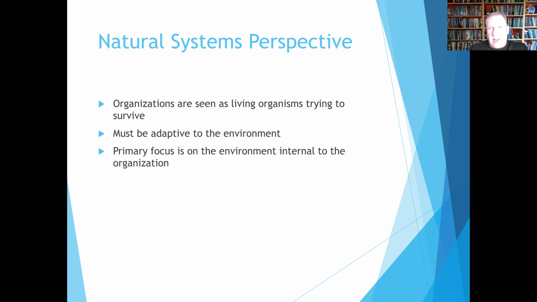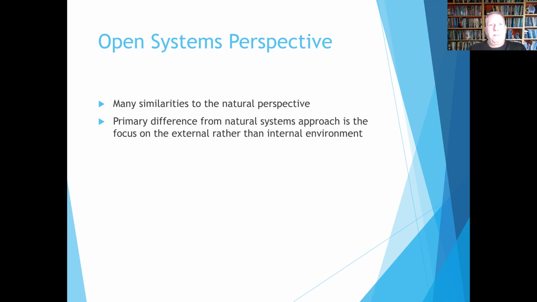In order to survive, you need to adapt to your environment in order to be successful. The primary view with natural systems theory is a view inside the organization to see how well all the different parts of the organization are working together to achieve the ultimate organizational goal, which is, of course, again, agency survival.